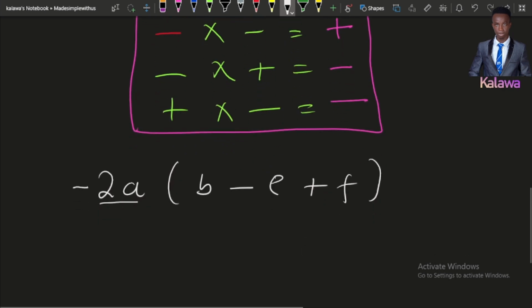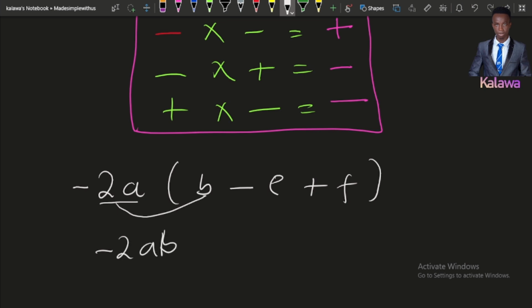Let me continue again. Now minus 2a multiplied by b. Remember the distributive law says we multiply the term outside by each of the terms inside the bracket. So if we multiply minus 2 times a, this will give us what? Minus 2ab.